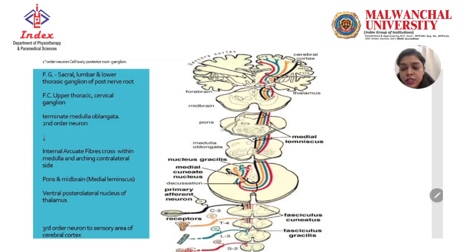Then the second order neuron goes, the fibers cross within the medulla arching to the contralateral side. Then it goes to pons and midbrain. Then it goes to the ventral posterolateral nucleus of the thalamus. And then the third order neuron goes to the sensory area of the cerebral cortex.